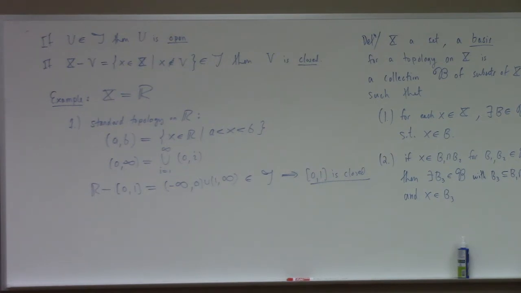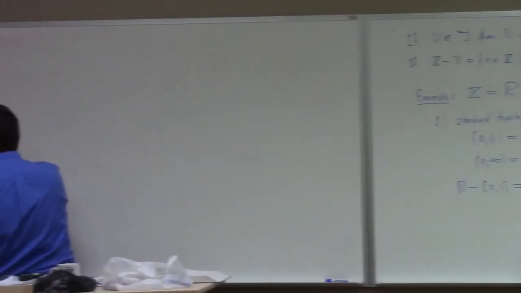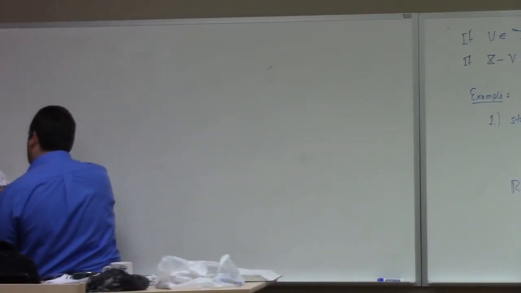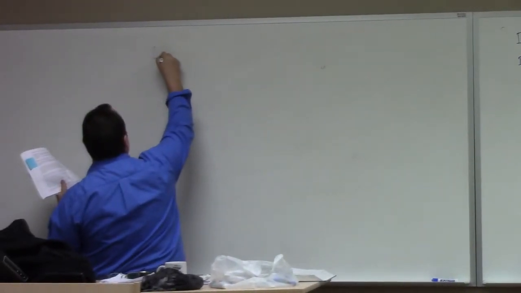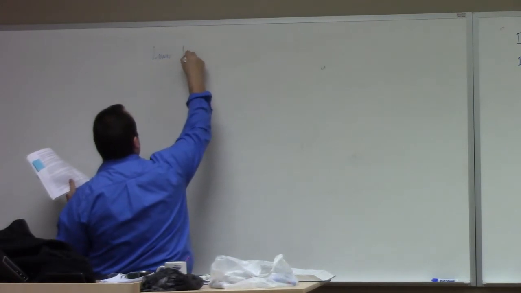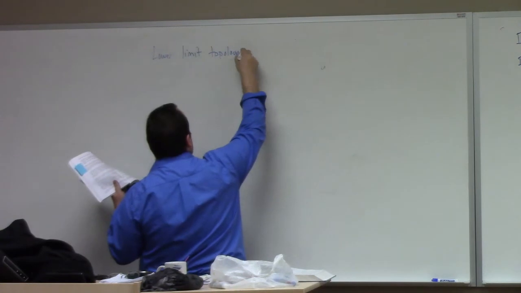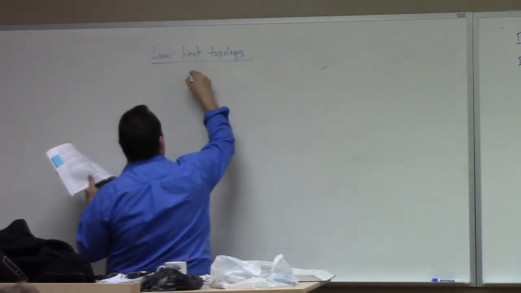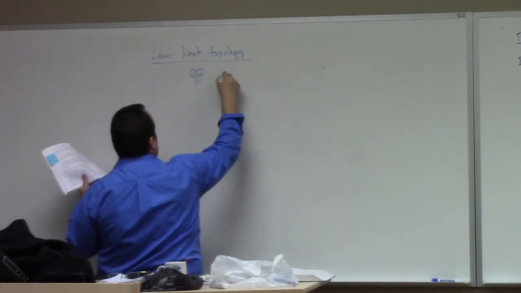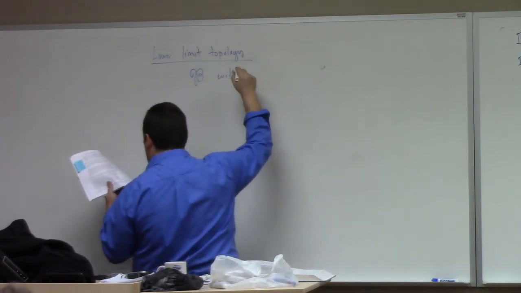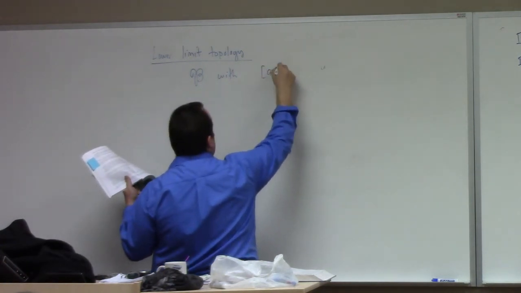Okay, so the other, you can use the so-called lower limit topology. And in this topology, it has the basis with typical elements looking like these intervals.